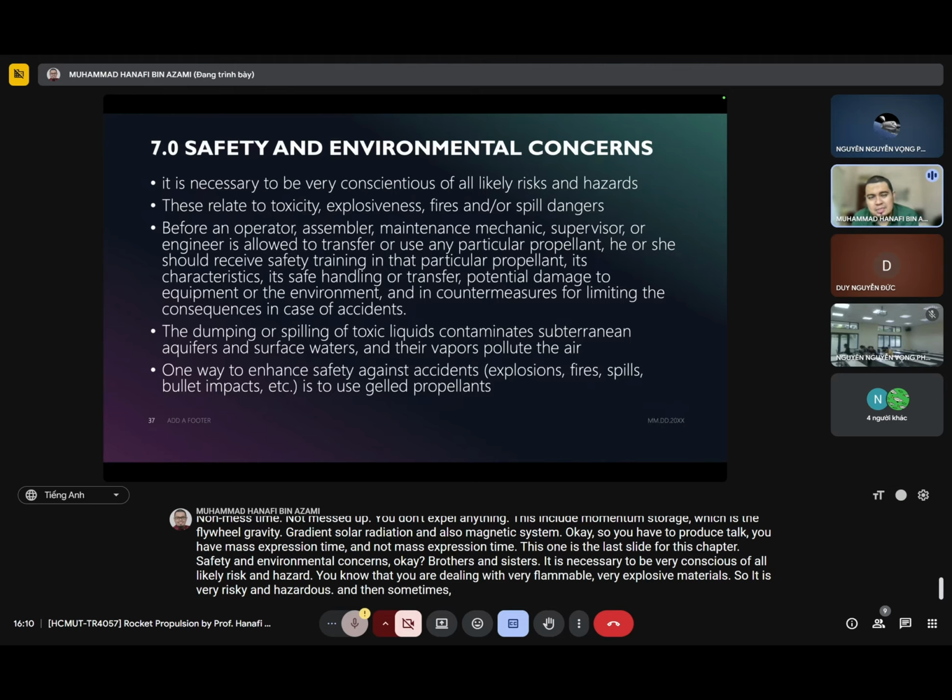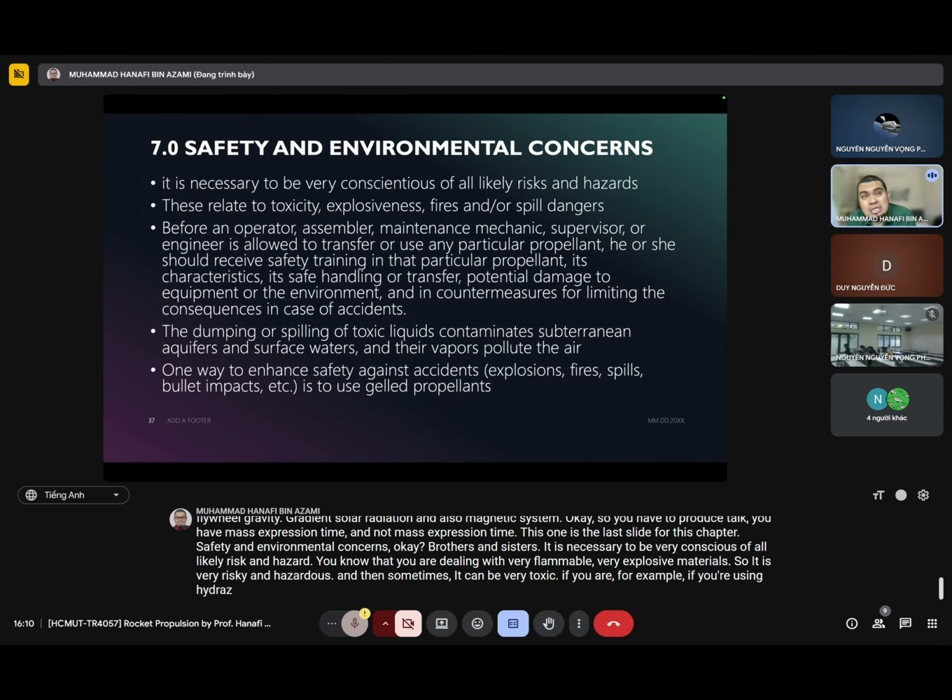And then sometimes it can be very toxic. For example, if you're using hydrazine or fluorine, those two types of propellants are very good, but very toxic.